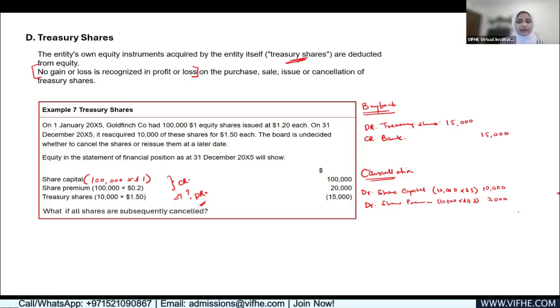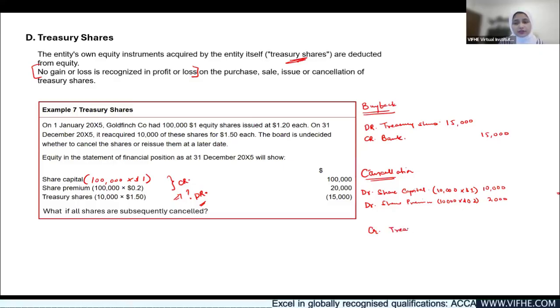At least this much. It's an incomplete entry; I have to finish it. But till this extent, did you all understand? Adiola, did you understand why debit share capital and share premium? Okay, perfect. Now, if I'm cancelling it, then the treasury shares will also not remain in existence because I'm completely cancelling share capital and share premium.